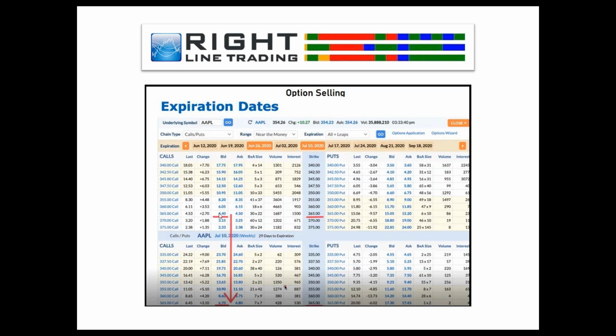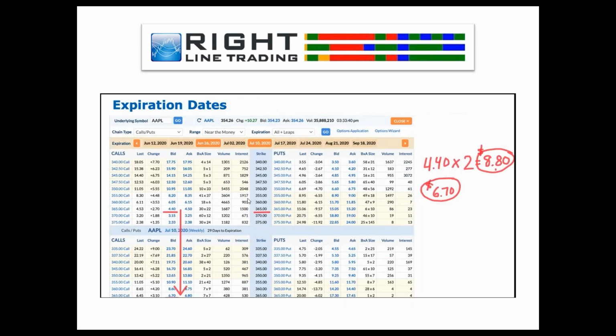Here is the shorter term option. I only get $4.40 for selling this particular position. So intuitively, you would opt for selling the longer term. But when it comes to selling an option, you want to sell the option with the shortest time premium. So you're going to sell the $4.40 and not sell the 6.70. And the thing that you can do is this. If you sell the 4.40, you can just sell 2 of them.